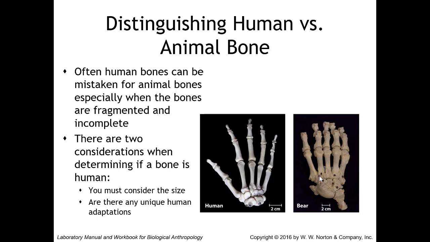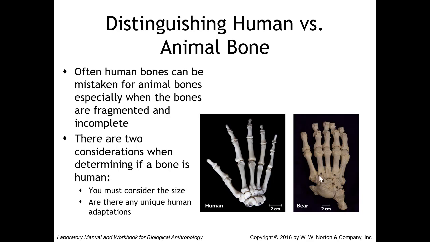Humans also have a generally large brain case with a smaller face, a shorter snout, and smaller canines in comparison with other animals. Other animals have smaller brain cases, larger projecting snouts, and, in the case of carnivores especially, larger saber-like canine teeth. So anything uniquely human, you put in the human pile. Anything uniquely not human, in the other pile.